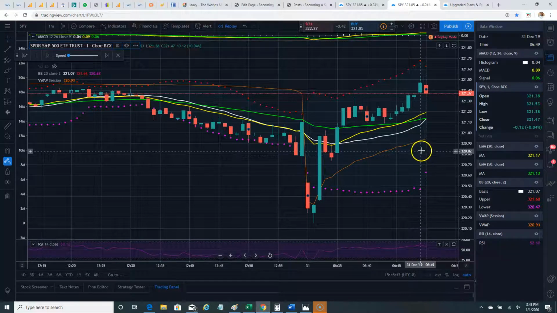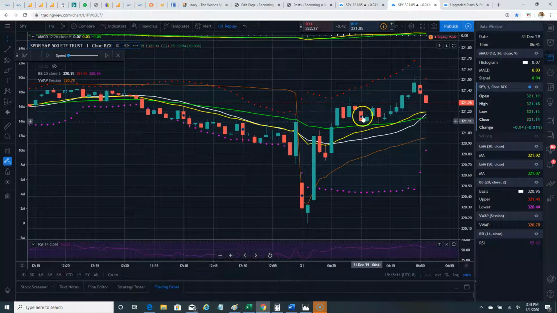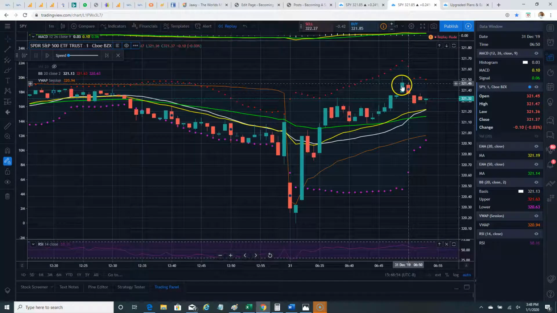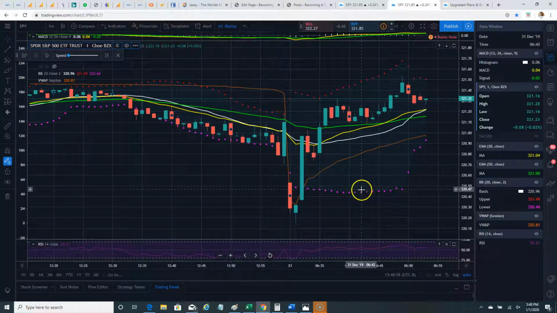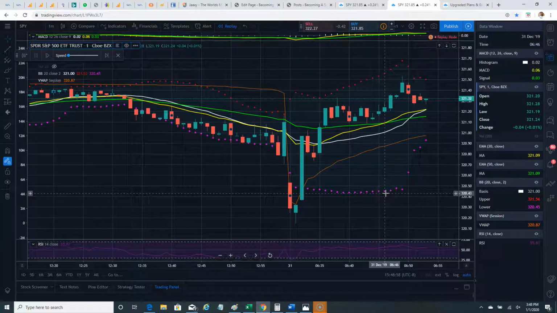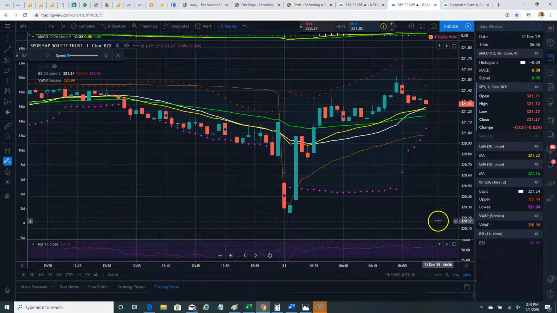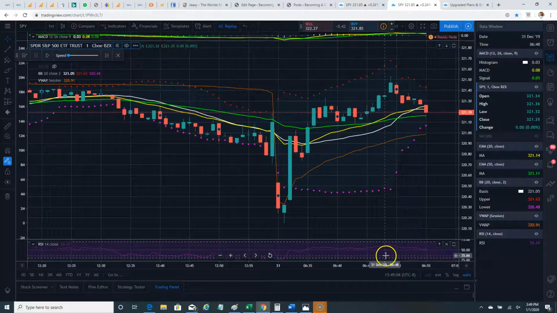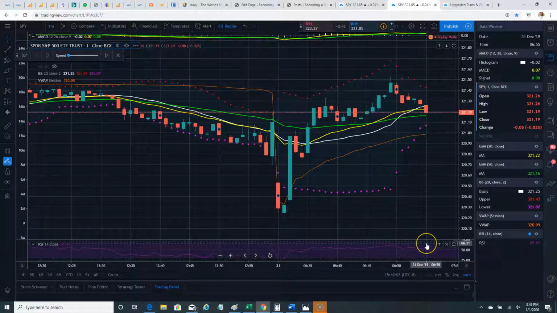What are we going up? 321.50. So let's say you were able to enter the trade somewhere here. How much are you making so far? If you were able to enter around 321.20, the high went to 321.50. It's 6:55, so about 25 minutes into the session. Oh, now SPY is going back down.